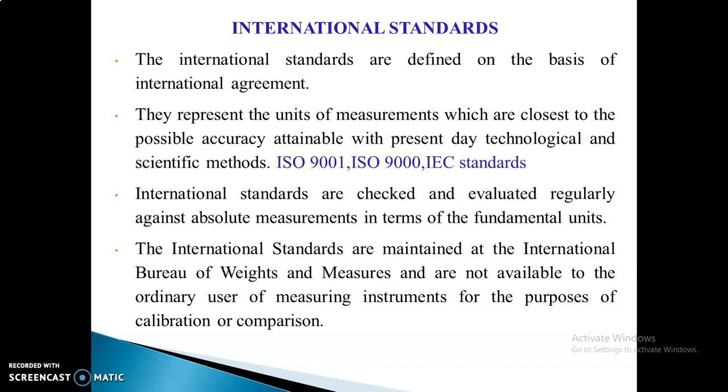The international standards are checked and evaluated regularly against an absolute measurement, and are maintained at the International Bureau of Weights and Measures and are not available to the ordinary user.